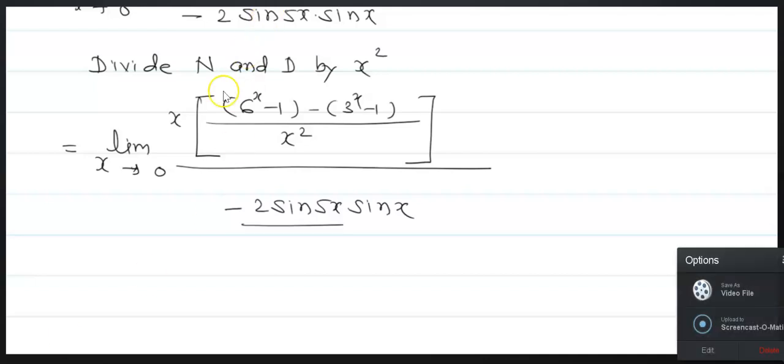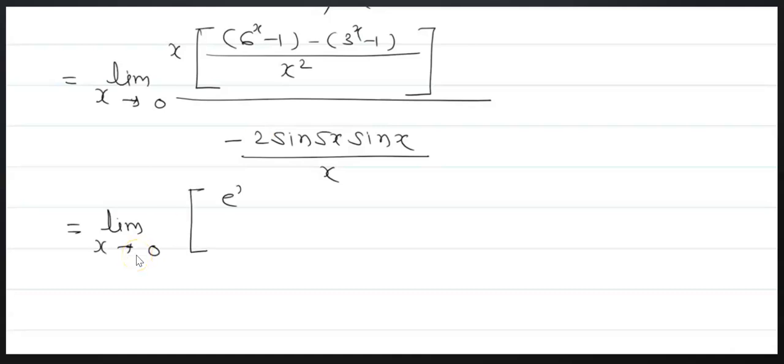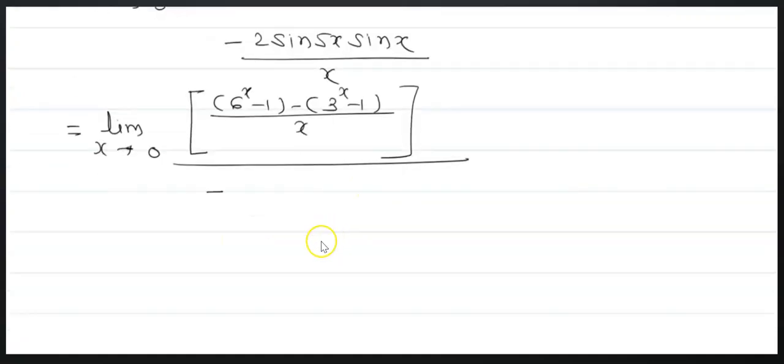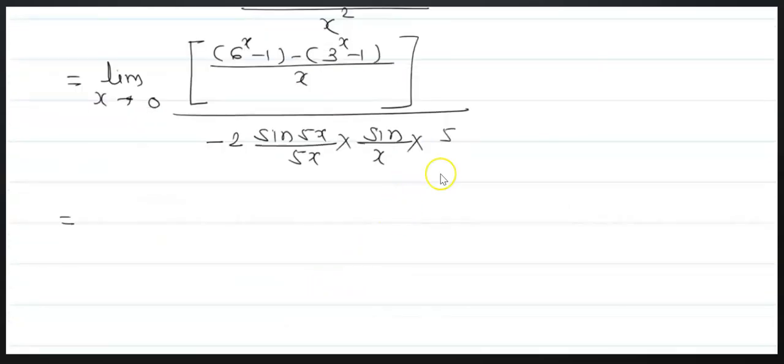Divide n and d by x square. Then this x gets cancelled. Limit x tends to 0, 6 raised to x minus 1 minus 3 raised to x minus 1 upon x, minus 2 sine of 5x upon 5x into sine of x upon x.